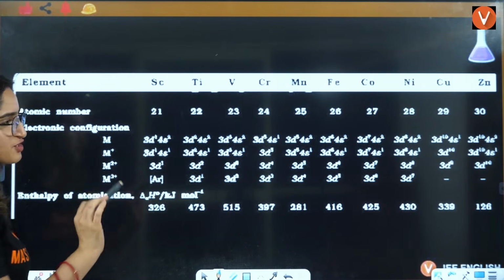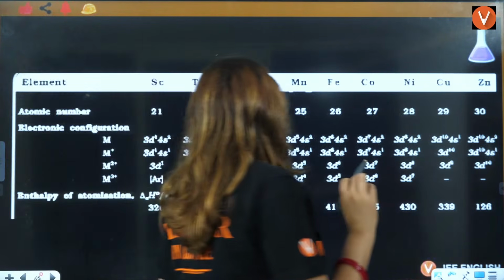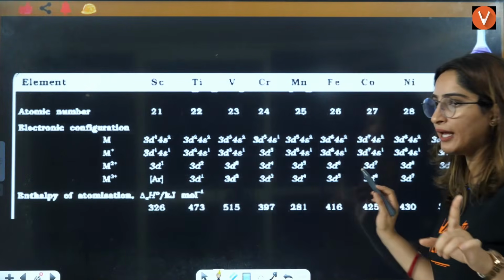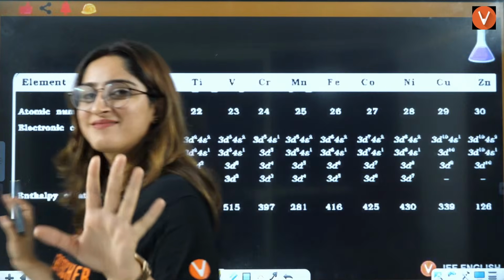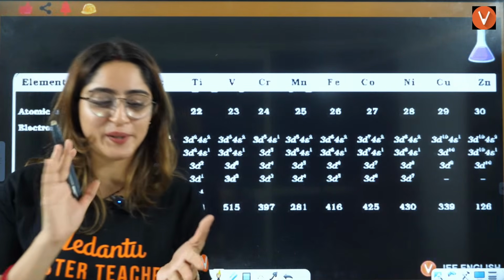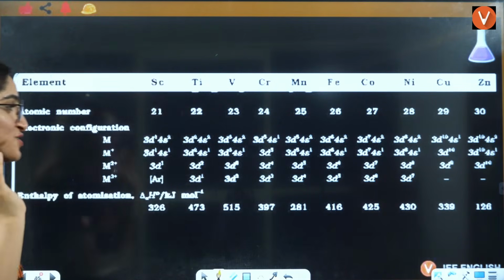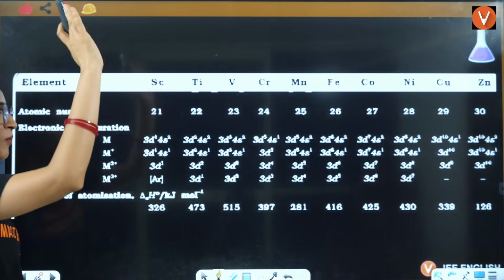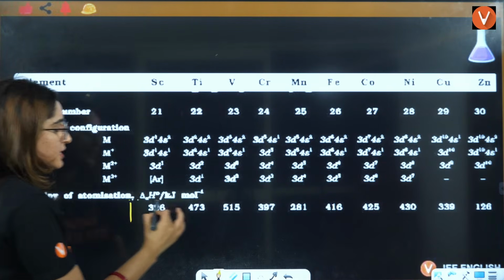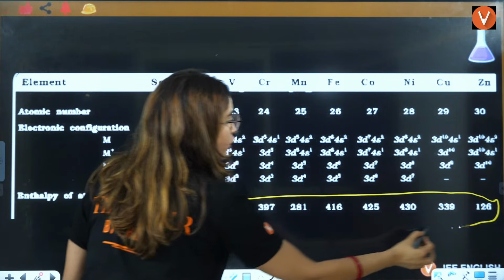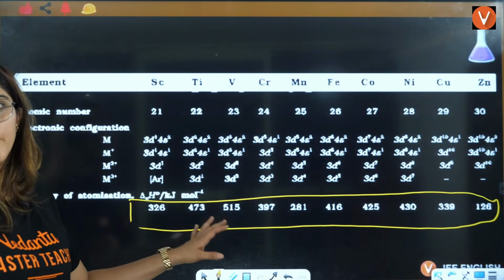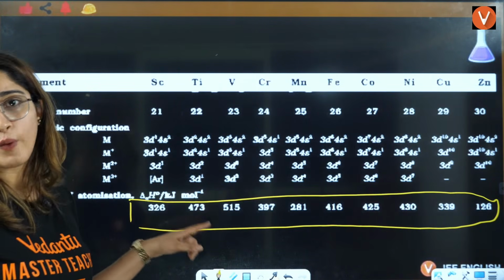Enthalpy of atomization. Now, this is your homework. What is your homework, everybody? I have not completed this lecture yet, it's not like I have completed the lecture and it's your homework, go bye-bye. No. This table you'll see in your NCERT. This is the enthalpy of atomization. From this, they have asked the question.